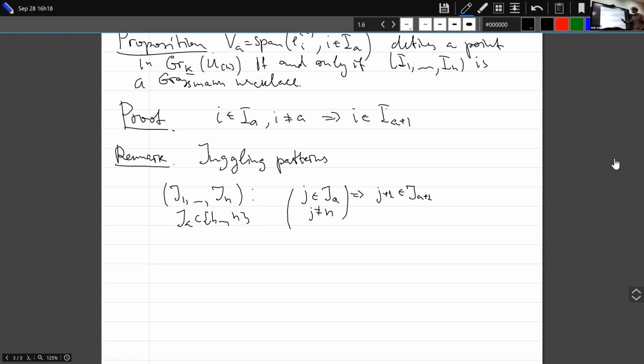So the picture should be like this: you have this J plus 1 and it's always defined, but if J is not n. Well, maybe it's not that important, but anyway, I think this is the picture.